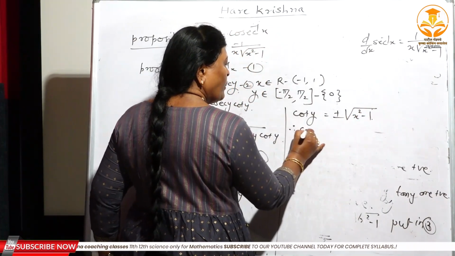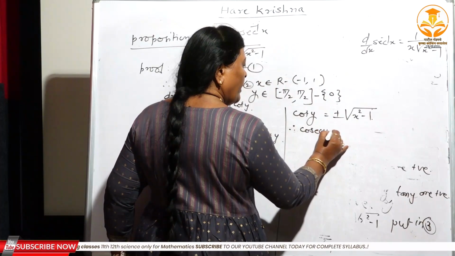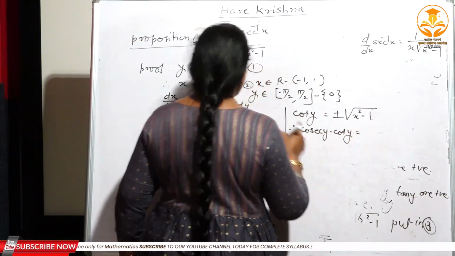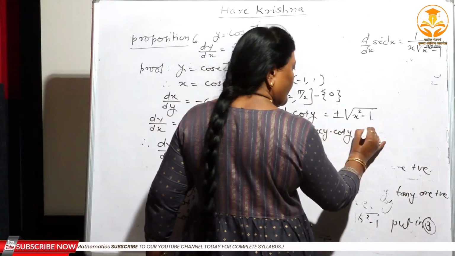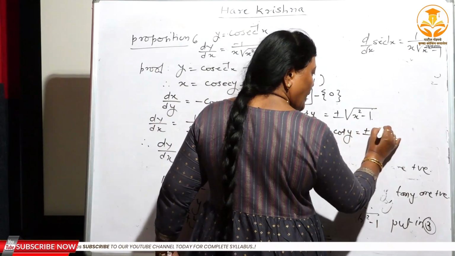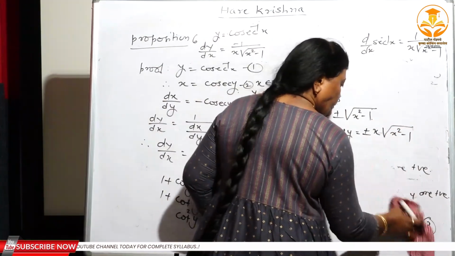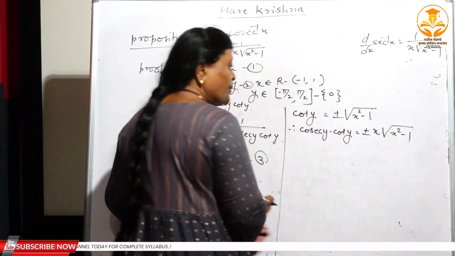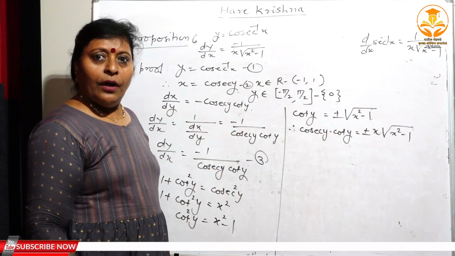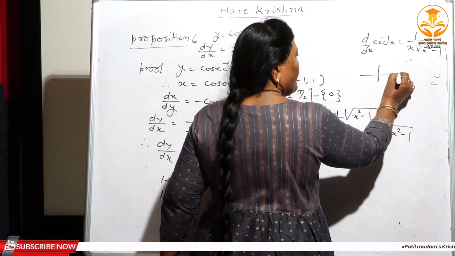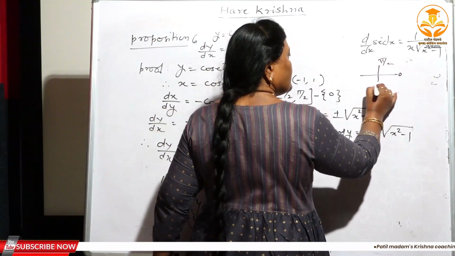Therefore the value of cosec y into cot y, with cosec y being x, is plus minus x root of x square minus 1. Again the question is whether you have to take positive or negative. Again you know y belongs to minus pi by 2 to pi by 2, means this is 0, this is pi by 2 and this is minus pi by 2.